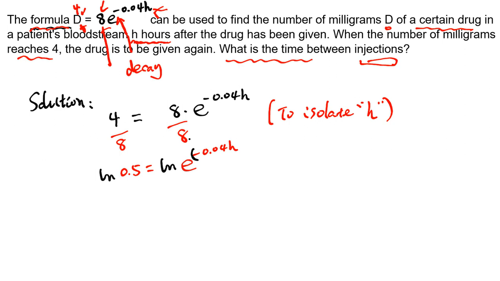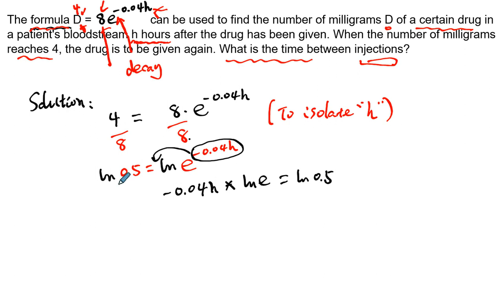You bring the exponent down to the front, so the right side will be negative 0.04 times h times natural log e, and the left side is natural log 0.5.